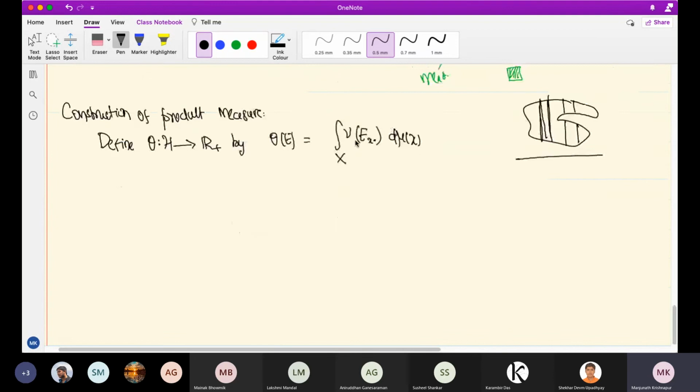Therefore, it's a non-negative measurable function on X, so I can integrate it with respect to mu. So this is well defined, and finite. Because mu and nu are finite, I don't need the extended real numbers, but it's fine.